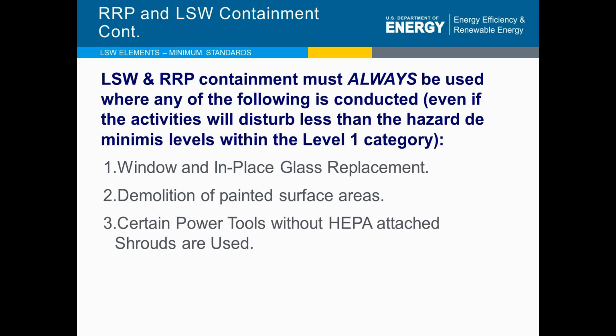If we're doing window and glass replacement, we always will contain that. It may be contained interior and exterior, simply because when we're removing glass, when we are removing a window, we have the influence of exterior winds and so forth.